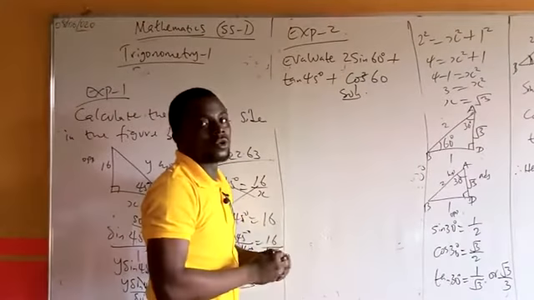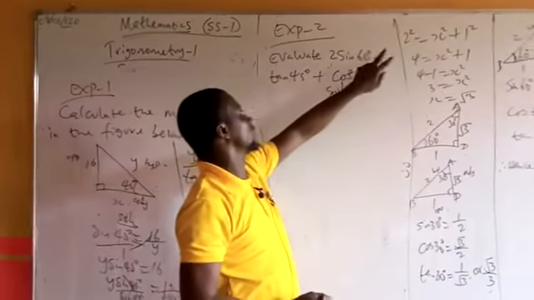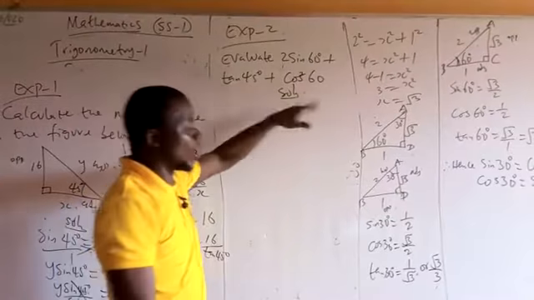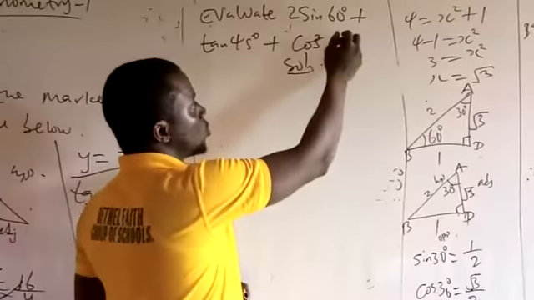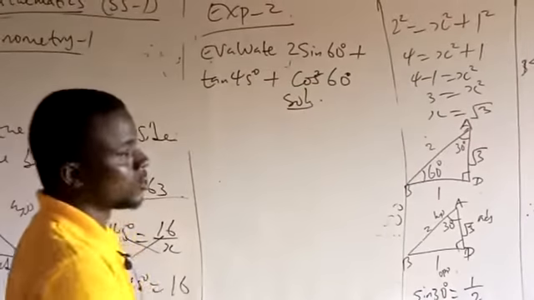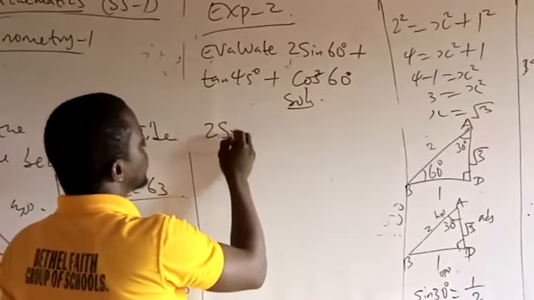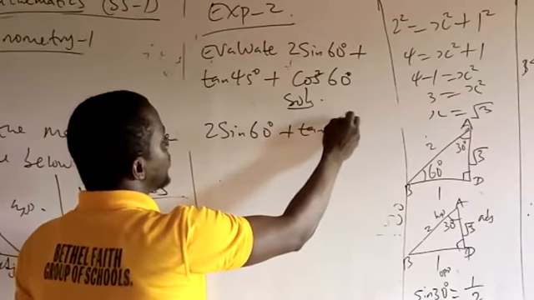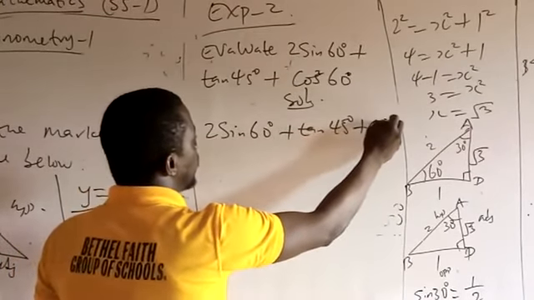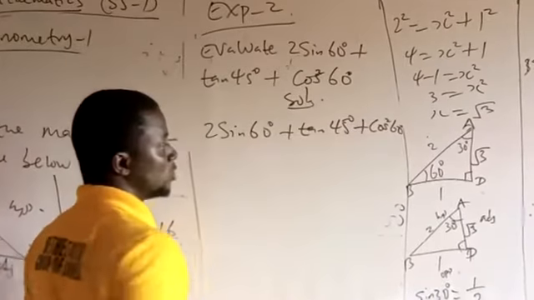Example 2: we are asked to evaluate 2 sine 60 degrees plus tan 45 degrees plus cos squared 60 degrees. Are you with me?